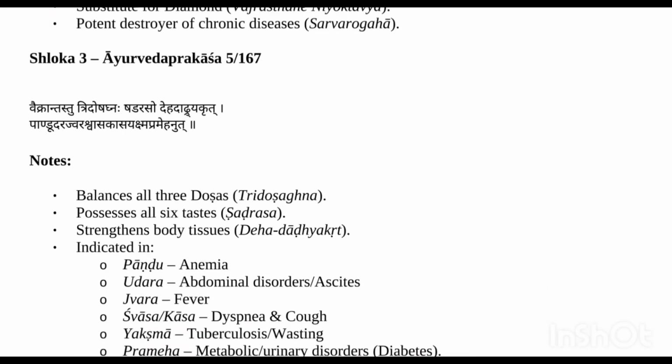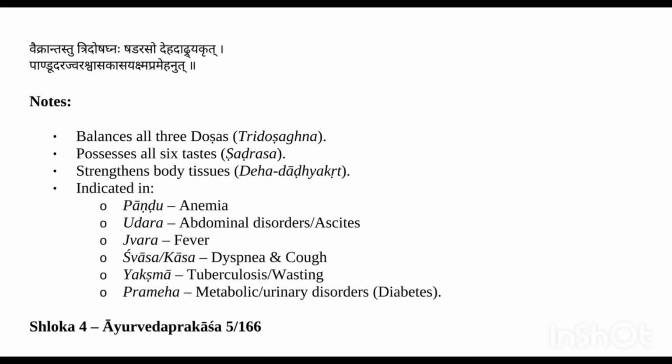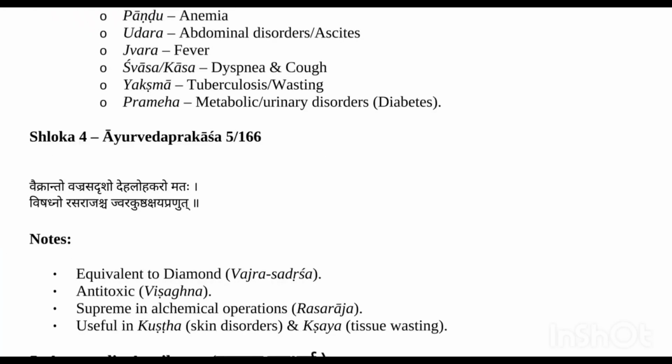According to Ayurveda Prakash, Vaikrant is Tridoṣaghna, Shadras Pradhan, Deha Dardhyakrut, and Pandu, Udar, Jwar, Shwas, Kas, Rajyakshma and Pramehagna.